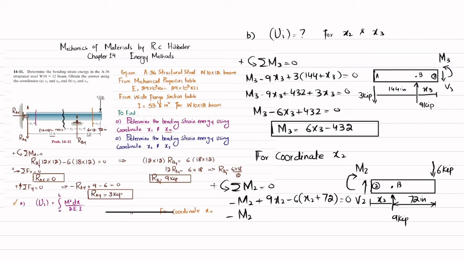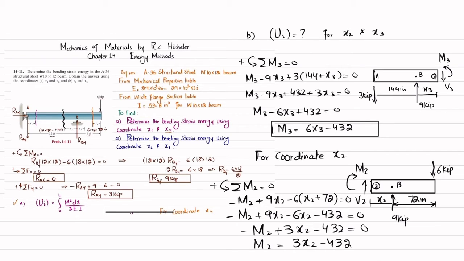So from here, minus M2 plus 9x2 minus 6x2 minus 432 is equal to 0. So minus M2 plus 3x2 minus 432 is equal to 0. So M2 will be equal to 3x2 minus 432. This is the bending moment for coordinate x2.